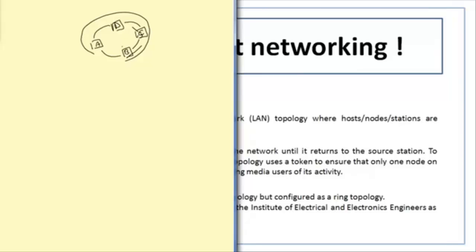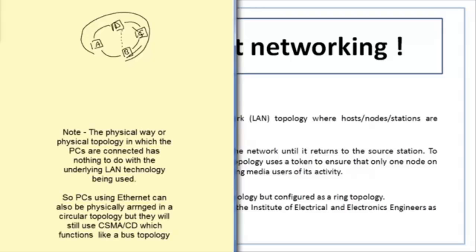So let's say B wants to transmit some information to D. The moment B gets the token, it will put the data onto the token, along with the destination address of D, and then pass the token on to C. But C sees on the token that the destination address is not meant for it, so it will pass it on to D. Now D sees the destination address and sees that, okay, it is mine.